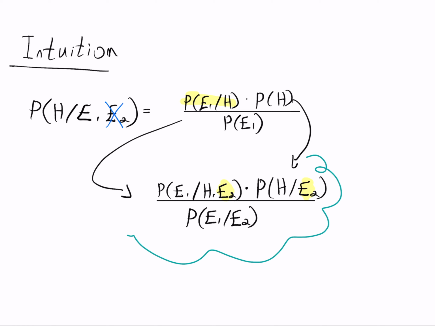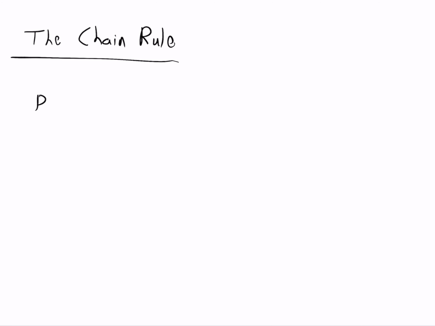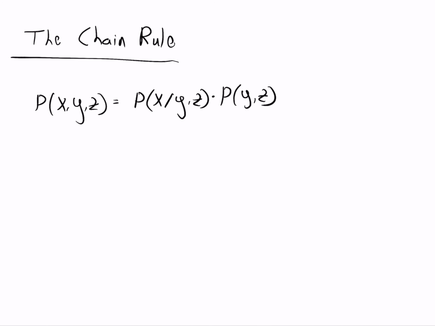In order to explain it in a mathematical way, we need to know something that is called the chain rule. The chain rule says the following thing. Let's assume that I have the probability of X, Y, and Z, the joint probability of them. How do I calculate it? According to the chain rule, I can calculate P of X given Y and Z times P of Y and Z. And I can take P of Y and Z and apply once again the chain rule.